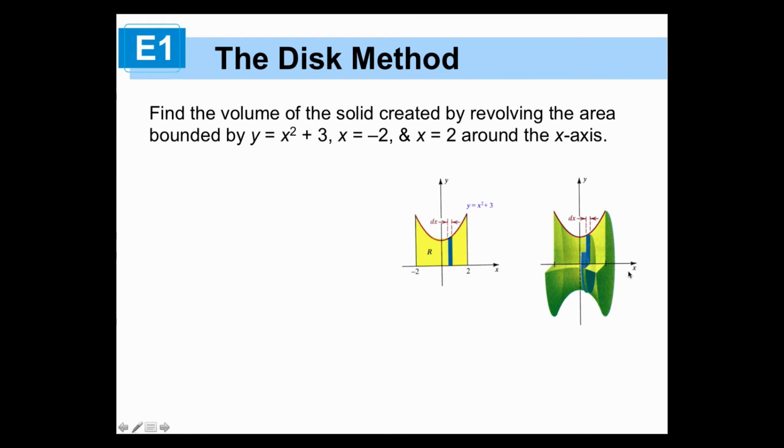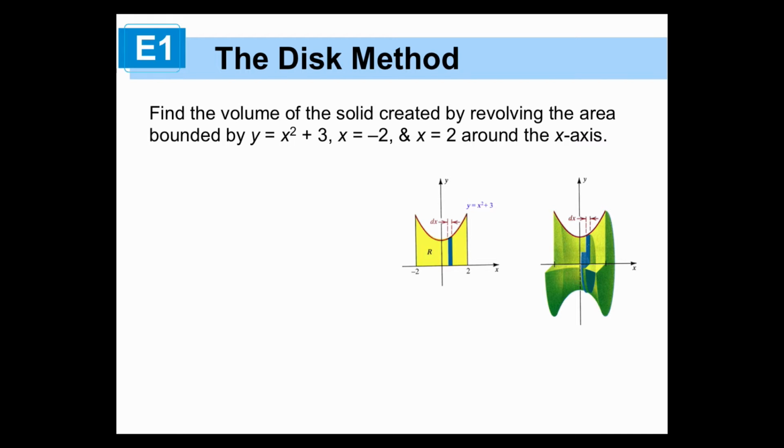Okay, so we'll use this as an example. Took my function x squared plus 3, and I bounded it by 2 vertical lines, -2 and 2. So we're going to revolve that yellow region.